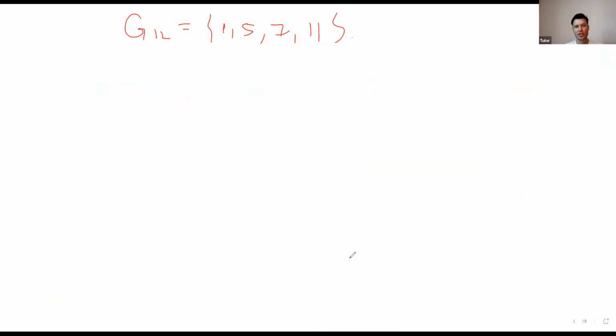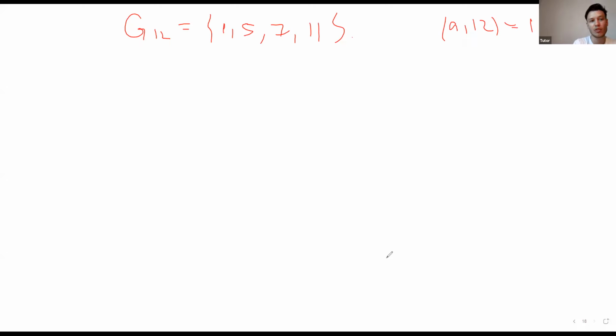Now here is the question. If I take any number a that's good to 12, so I take a and 12 to be a good pair, gcd equal to 1, what is going to happen if I look at the set a times G12?